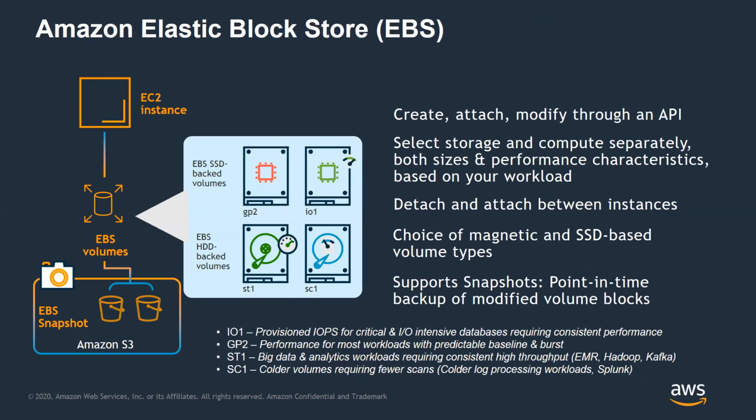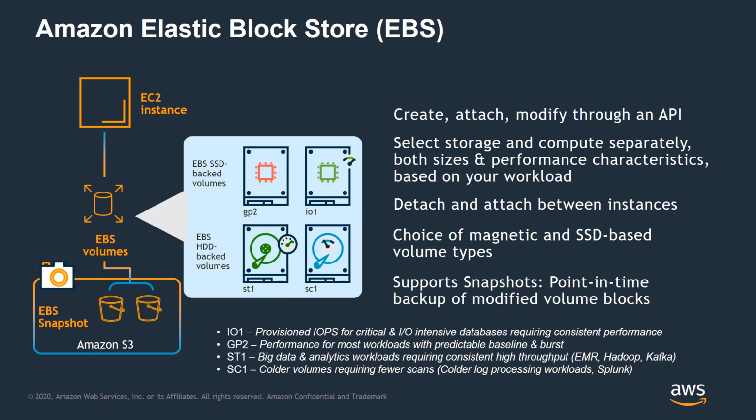Now, most people, as I said, use provisioned IOPS. There's also a few other options for workloads that are more big data or analytics oriented that need consistent high throughput but aren't really latency sensitive, or volumes that you really don't need to access very frequently, and you don't need a lot of performance when you do.